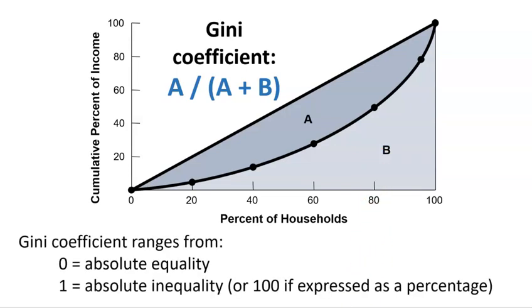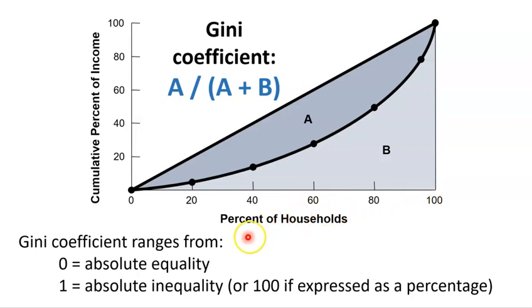So this Gini coefficient ranges from 0, where the Lorentz curve is right along that line of equality, so A would be 0 and that area here would simply disappear, or if one person or one household had everything, then A would take up that entire space.